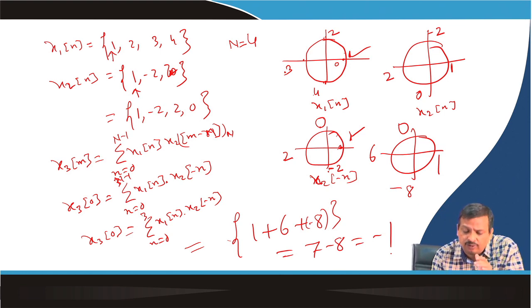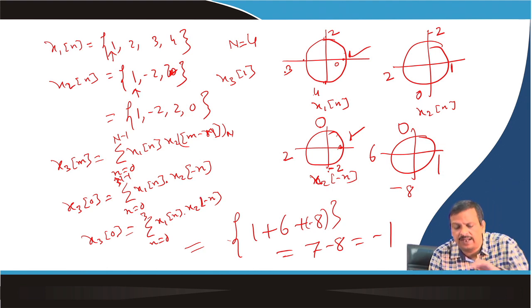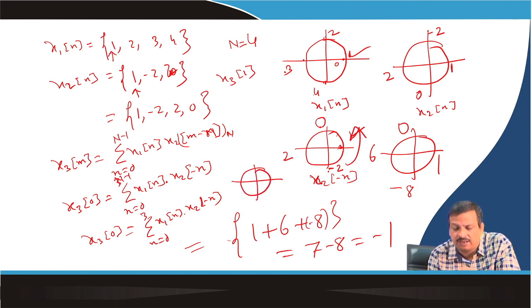Now, when I say x3 of 1, that means this will be 1 minus n. So, 1 minus n means x of minus n has to be shifted this side by one sample. If I want to shift, this value is 1.